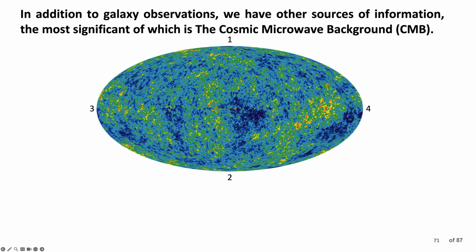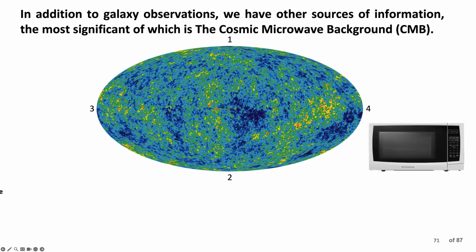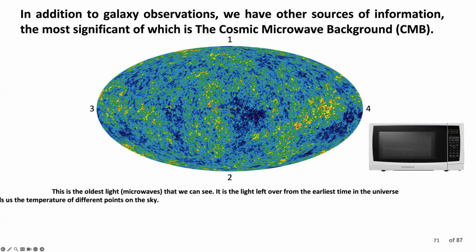And it turns out a trove of information is captured in this temperature map. There's your microwave, and this is the oldest light in the universe. It comes from a surface around us 45 billion light years away. And it's a history of the map of the temperature in the universe before the universe became, or just as it became, transparent.